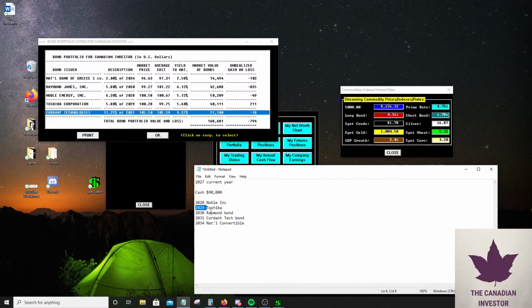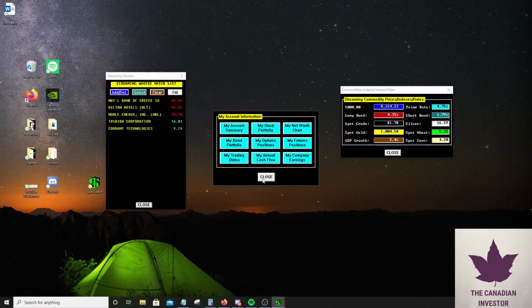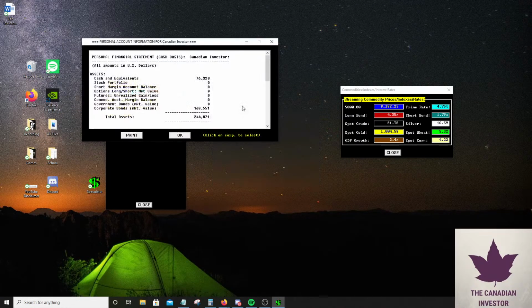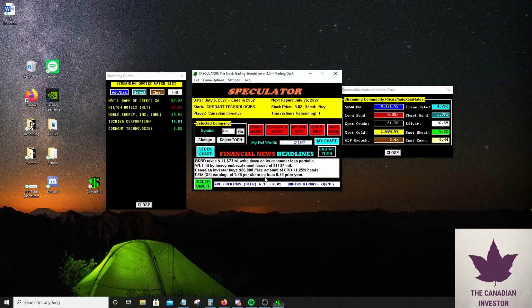We have a 2029, which matures soon. Then 2030, and we have a 2031. So when these three mature, I can roll them into the 2031, or I can roll them into longer term bonds. It doesn't matter. So right now we're actually pretty liquid. That's why I like having some cash too, just in case interest rates do go up. We can lock into government bonds.